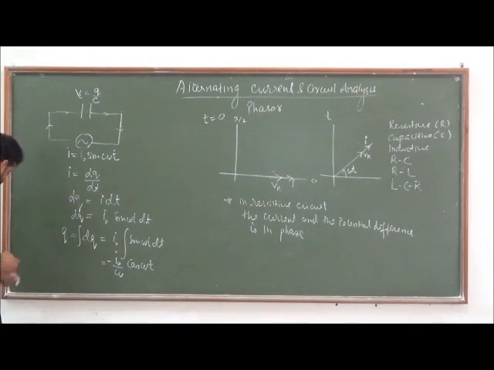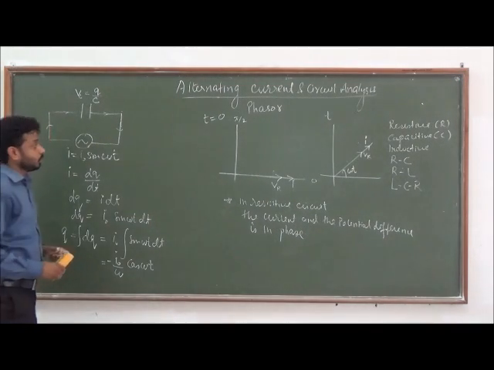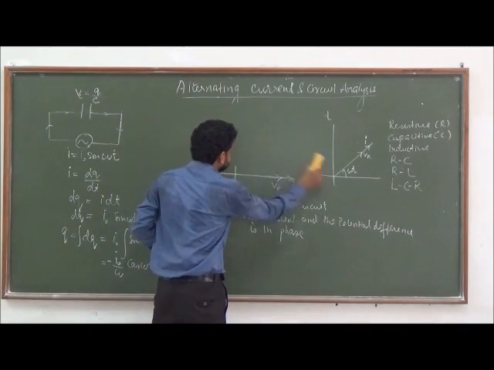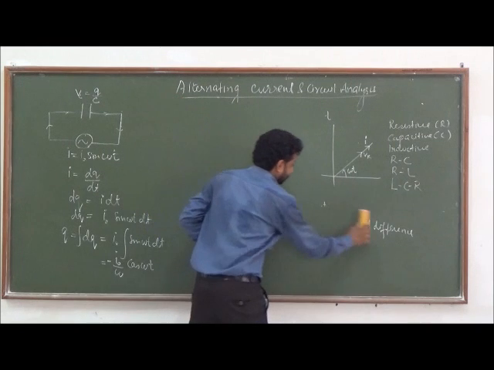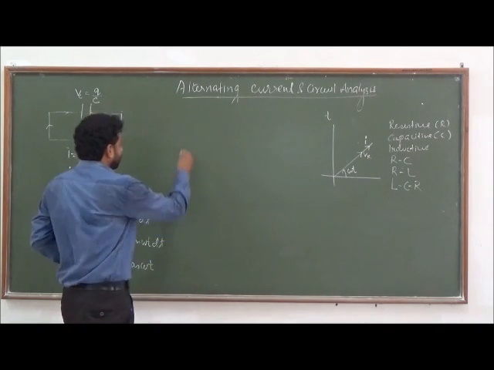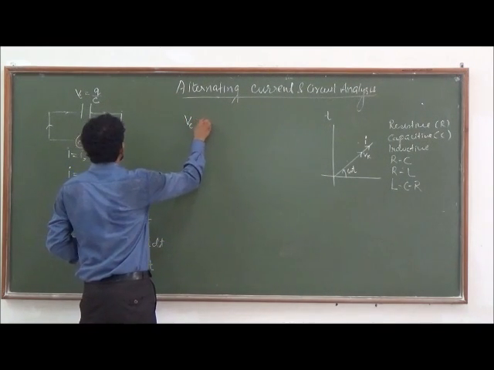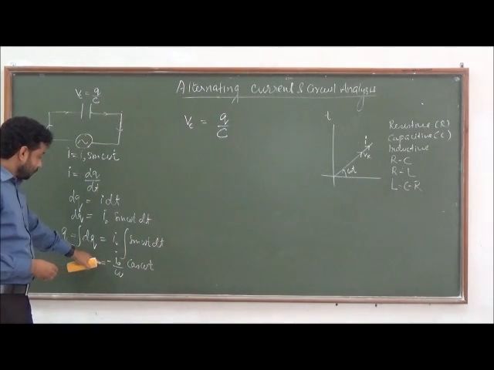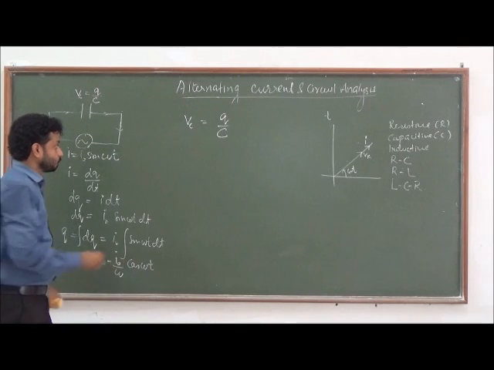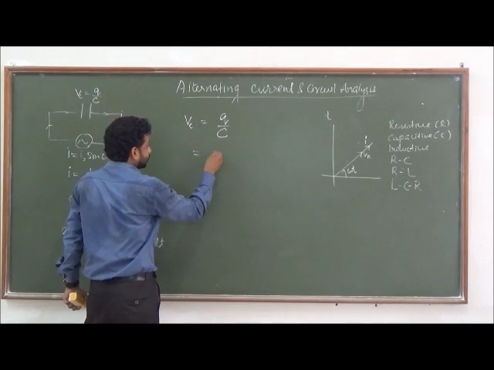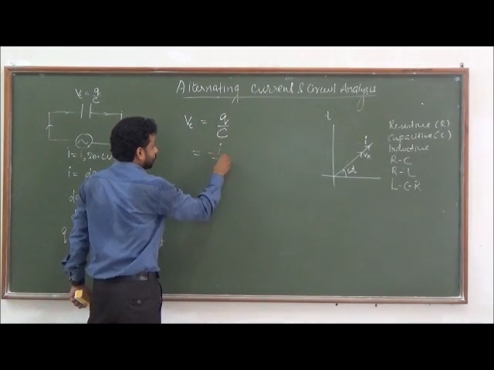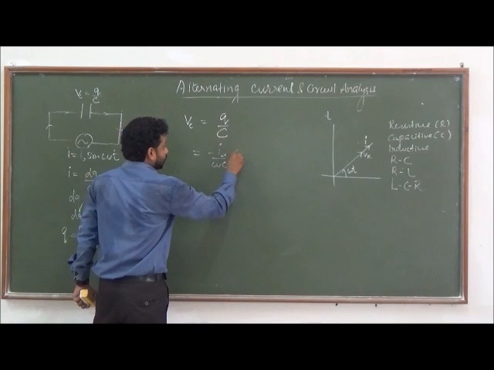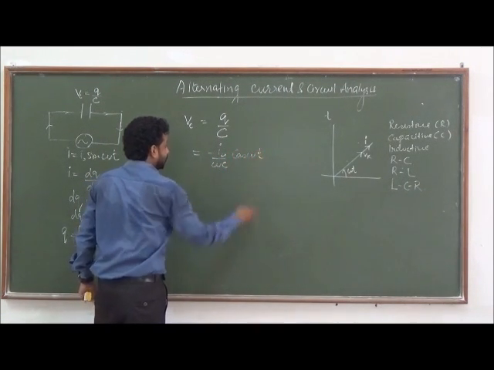Now I put this value of charge q in the equation of V_C, which is equal to Q by C. Now Q is equal to minus I naught by omega cos omega t. So I am going to put that in this equation: minus of I naught by omega C cos omega t.